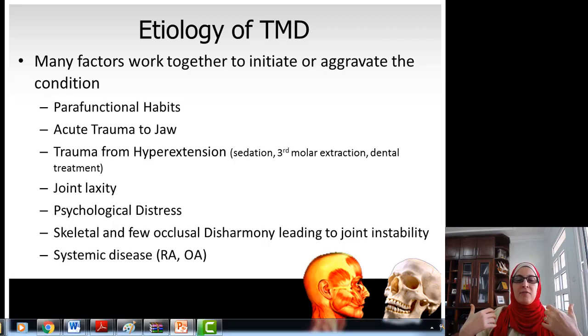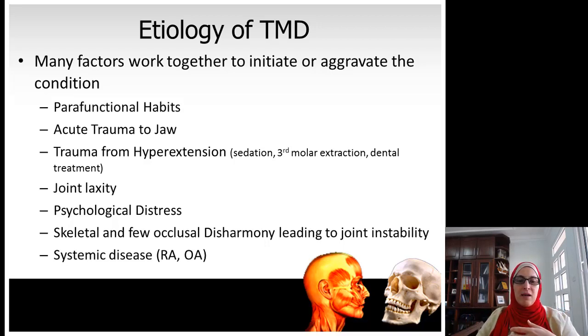Even a car accident where the patient has a whiplash injury, like when your car gets hit from the back and your head moves forward and backward. This would provide a concussion type of injury to the joint. So trauma, either direct or indirect.